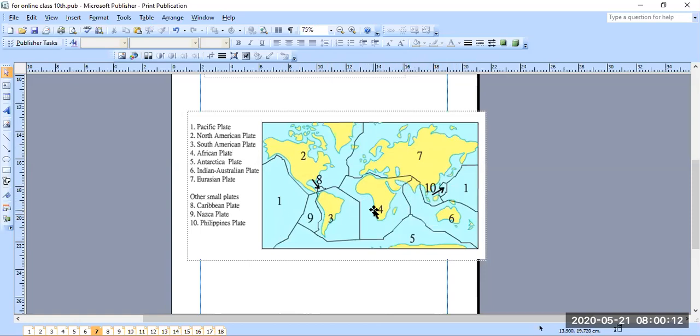Even now the continents are continuously moving. They are continuously being split along the ocean surface. This study of the movement of continents we call plate tectonics. A plate is nothing but the landmass.